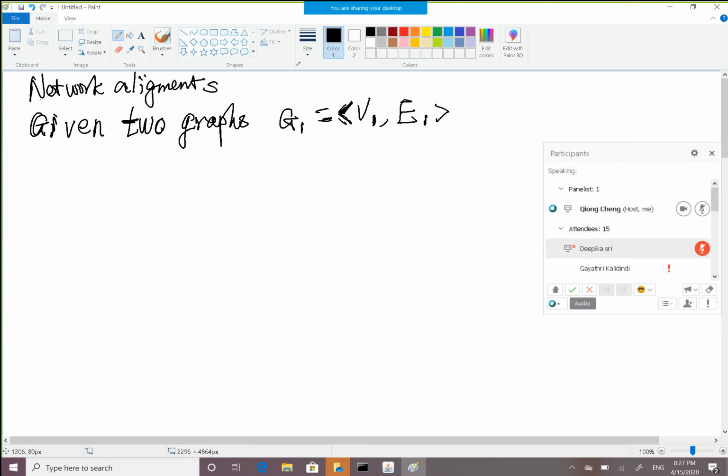And some graphs also hold a W. Depending on the problem formulation, the author treated it differently. So some graphs do have the W corresponding to the weight on the edge, right?